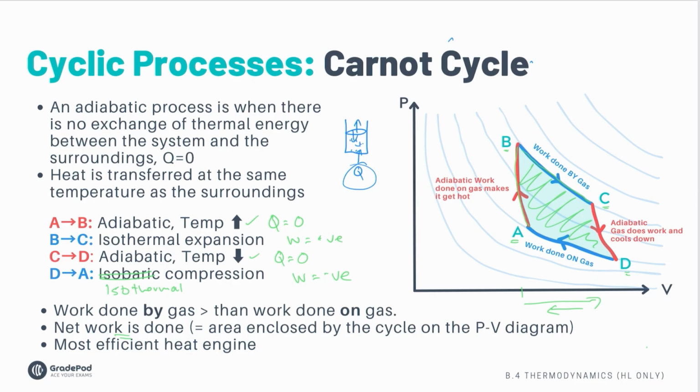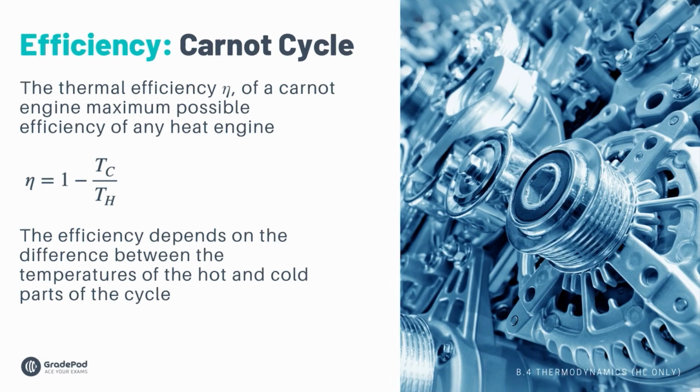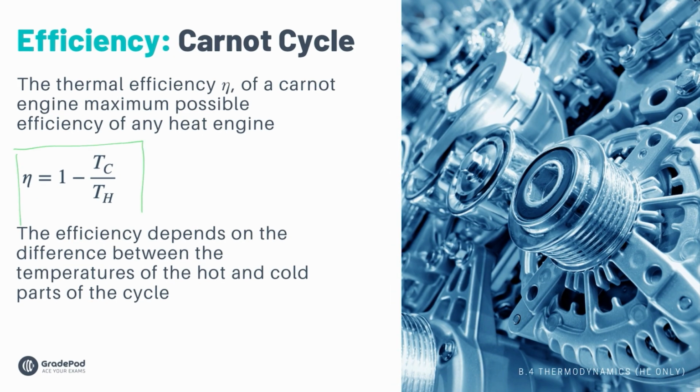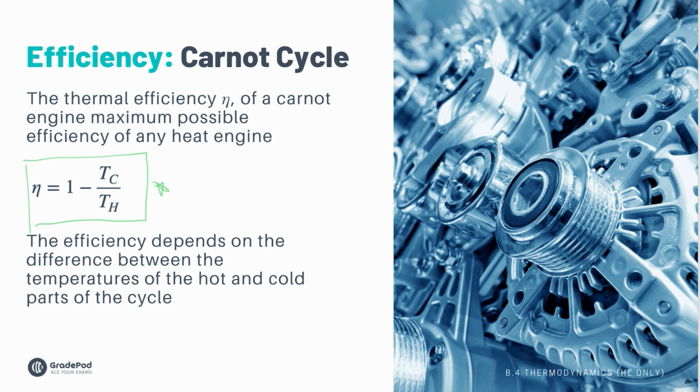It's the most efficient way of producing work by a heat engine. And this is the equation you need to know for the efficiency of that Carnot cycle. It's the maximum possible efficiency of any heat engine, and it depends only on the difference between the temperatures of the hot and cold parts of the cycle.